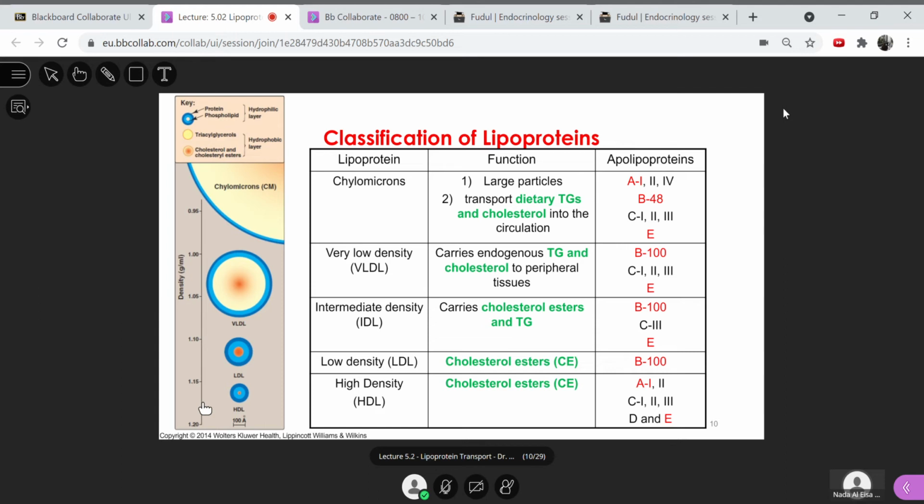One transports dietary lipids, mostly triglycerides, اللي هو الchylomicron, and one transports endogenous lipids, mostly triglycerides. يعني نعتبرهم الاثنين triglyceride transporters, one for the dietary or exogenous, that's chylomicron, and one for the endogenous liver synthesized triglycerides, that is VLDL, very low density lipoprotein.